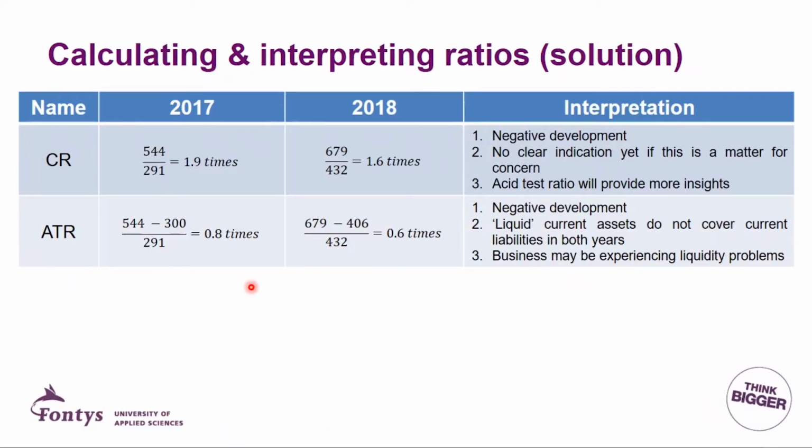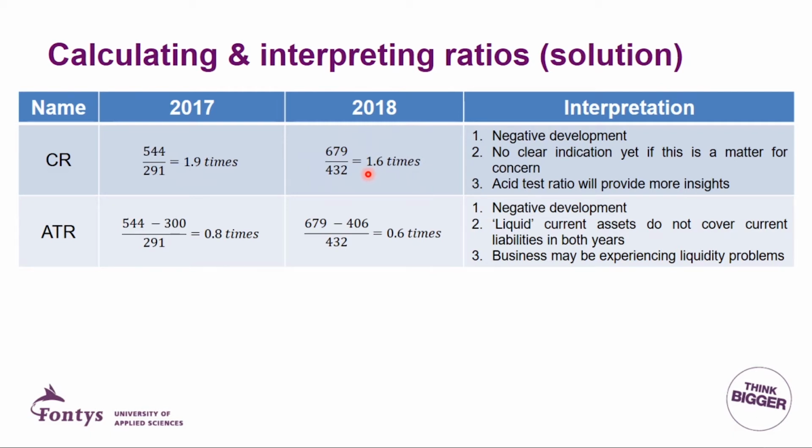And so that's where we can find all the data that we need. So if I go back to the calculation, we can see the 544, which are the current assets for 2017, divided by the 291, which are the current liabilities, gives us a result of 1.9 times for the current ratio. If we do the same thing for 2018, we can see that the ratio drops a little bit, by 0.3 points.